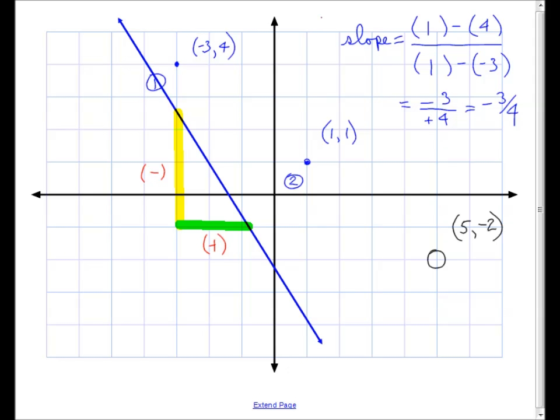The ratio of signs when they are different is always going to end up being negative. And so no matter how I figure this out, I'm going to get a negative slope.